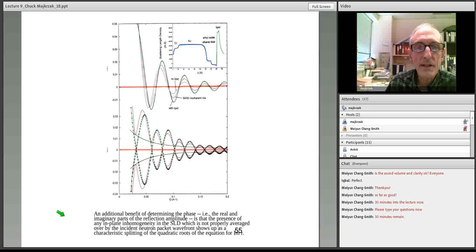Also, it turns out that if you look at the imaginary part of the reflection amplitude that you obtain from such a measurement, without going into a lot of detail, the imaginary part has two roots, two solutions to a quadratic equation, and they have characteristic zero crossing points.